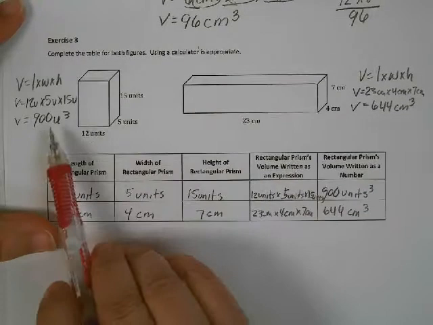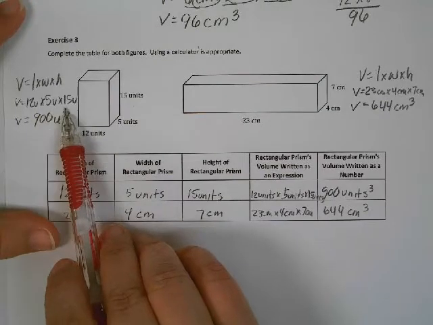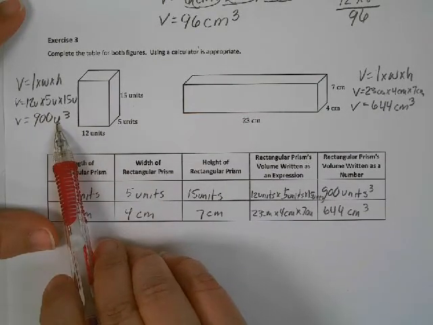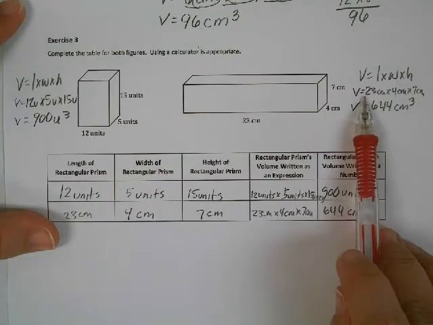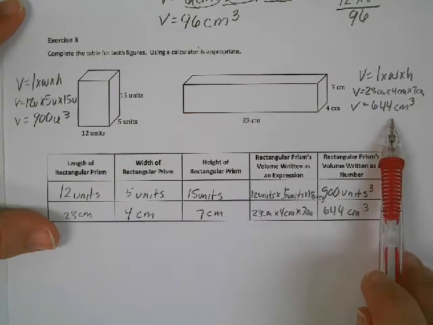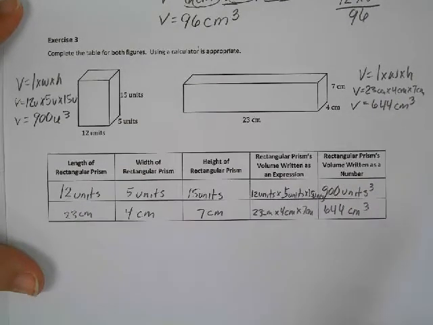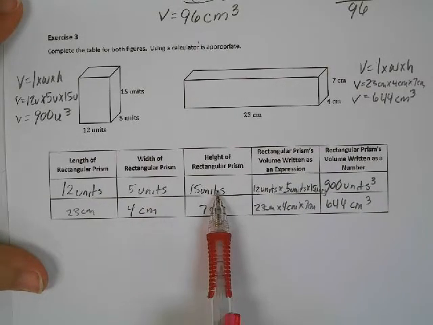So you and your partner should have worked out the formula and plugged in 12 units times 5 units times 15 units, and that is 900 units cubed. And for the other one, it should have been volume equals 23 centimeters times 4 centimeters times 7 centimeters, and that is 644 centimeters cubed. Your table should have been in the top row 12 units, 5 units, 15 units.